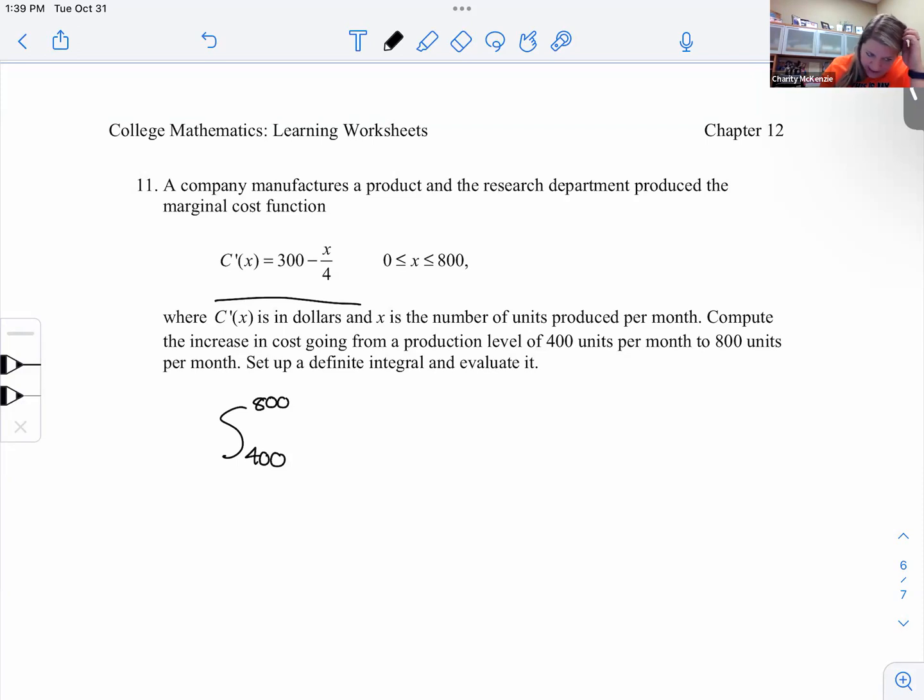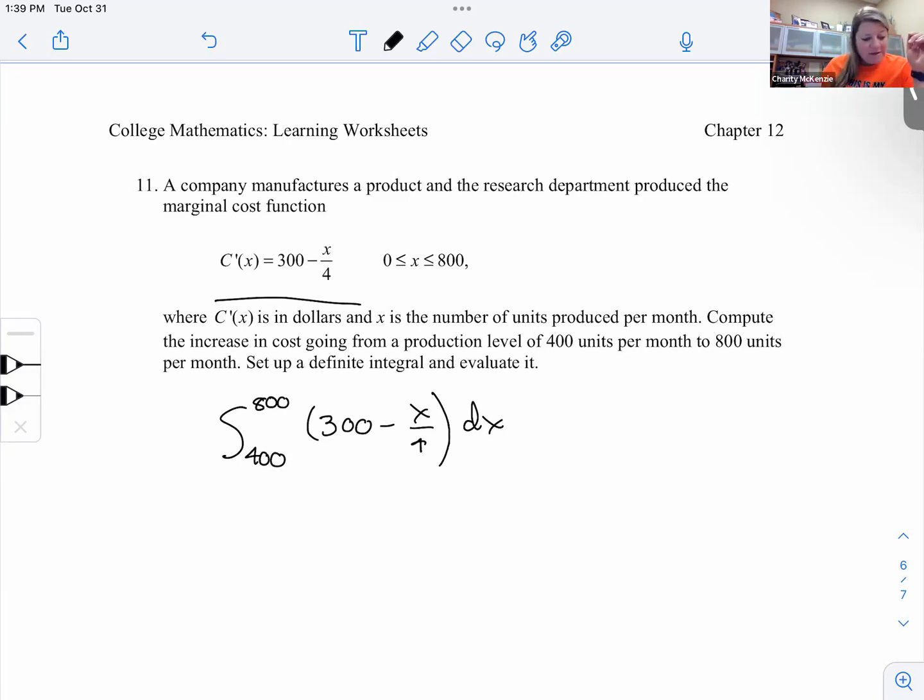And we're going to do that of the exact function that we have, dx. And that's what it's asking. There's no average on this one. It just says compute the increase in cost from going from 400 to whatever.